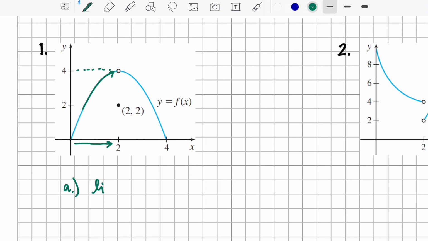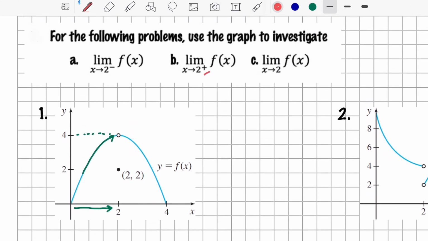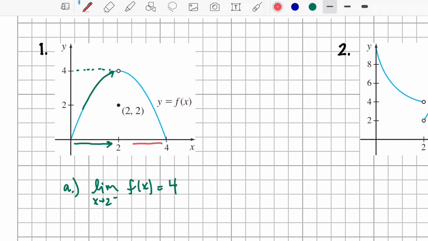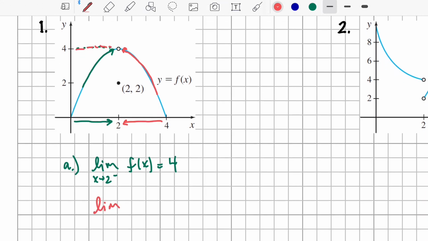So for A, limit as x approaches 2 from the left of f of x equals 4. Now, for part B, it says from the right. So now we're going to approach 2 from the right. As we approach 2 from the right, we follow our graph. Our graph is approaching what y value? Again, it's 4. So limit as x approaches 2 from the right of f of x equals 4.